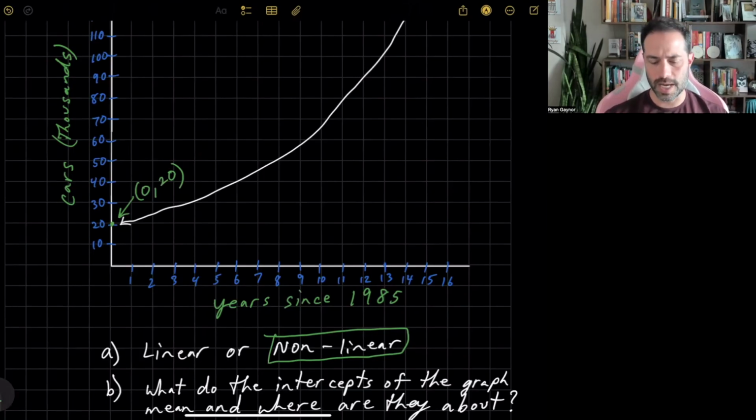Okay, so now for the x-axis, are there any x-intercepts? Well, you can see that the curve is not touching the x-axis, and it's not going to touch the x-axis, right? Because it's curving right into that 20,000 on the y-axis, so we won't have any x-intercepts.